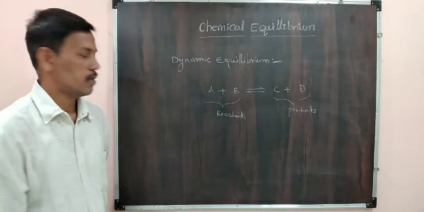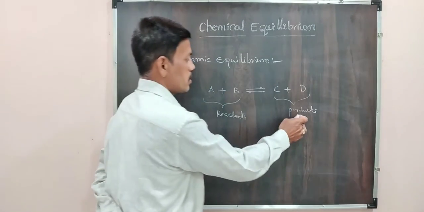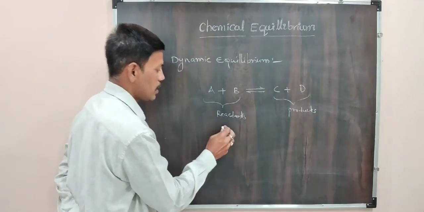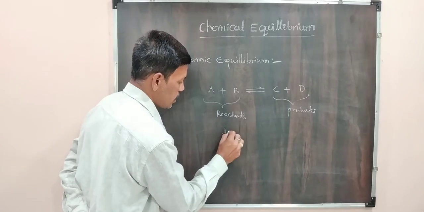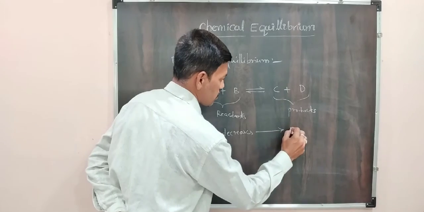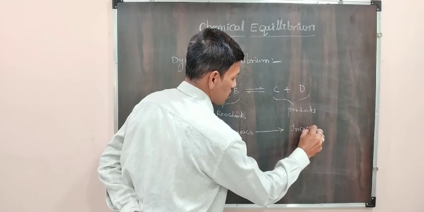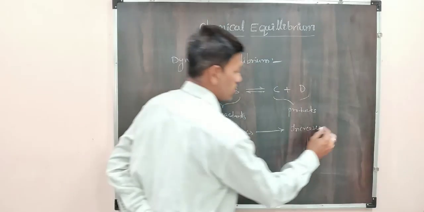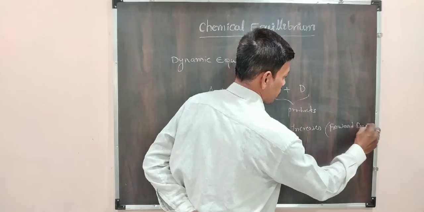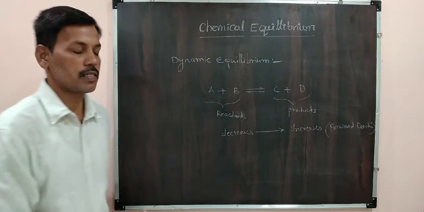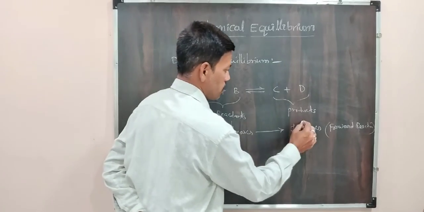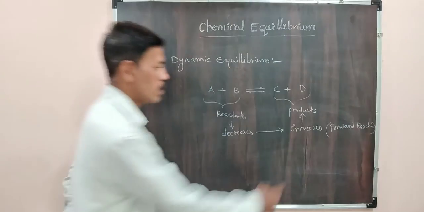When the reactant concentrations decrease, the product concentrations increase. This is the forward reaction.